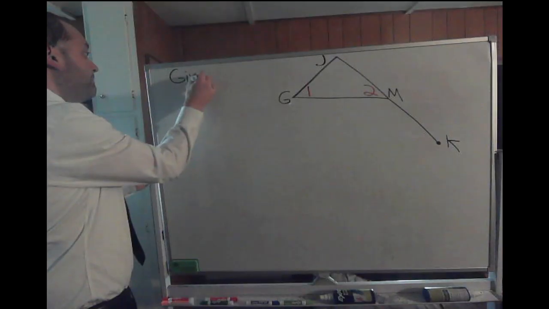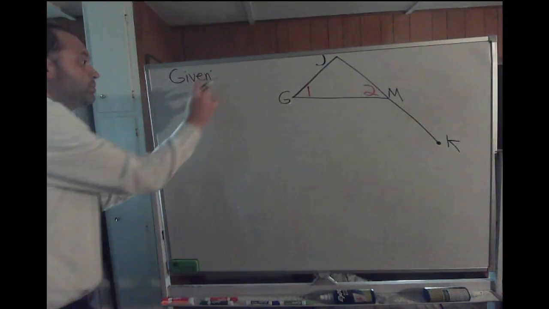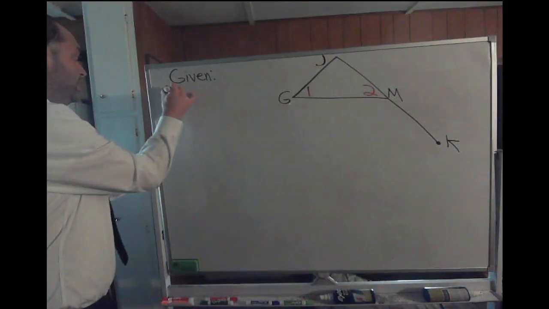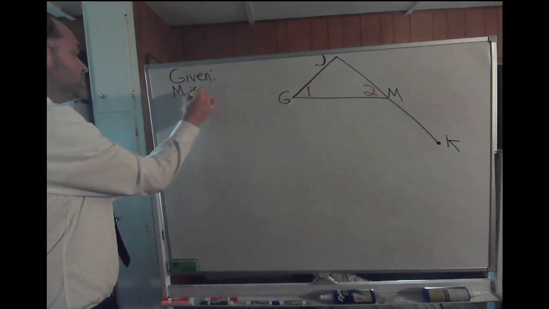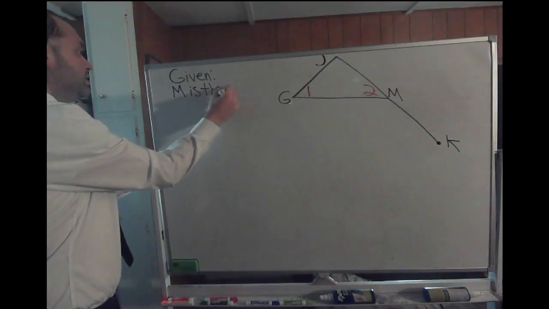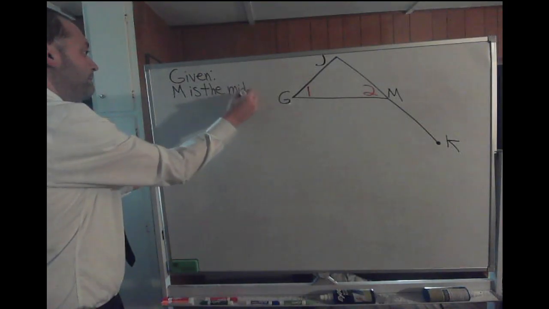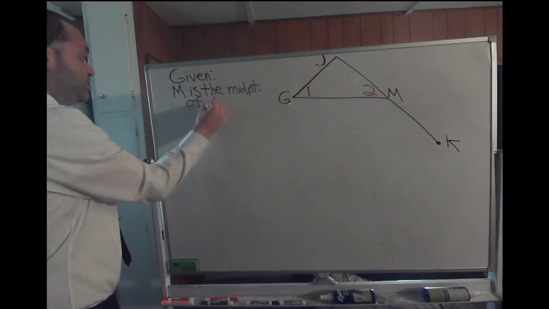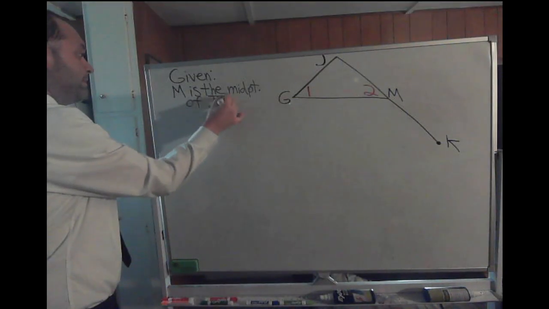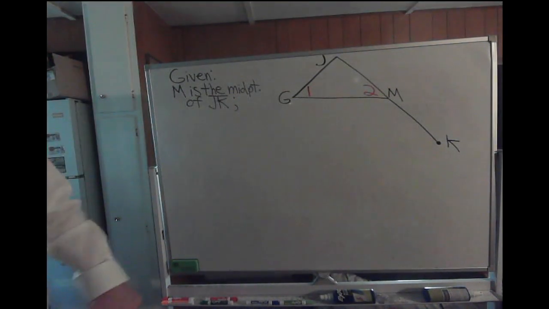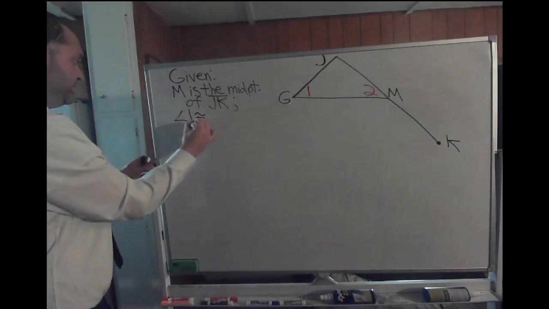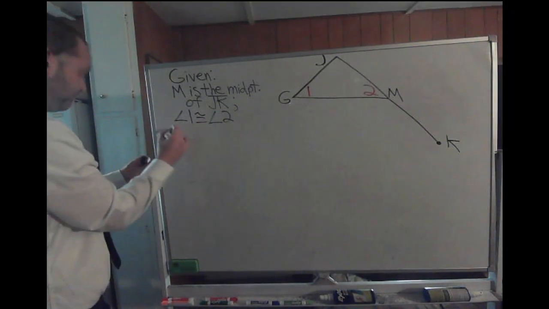Given, what are we given? M is the midpoint of JK. We're also given that angle 1 is congruent to angle 2.